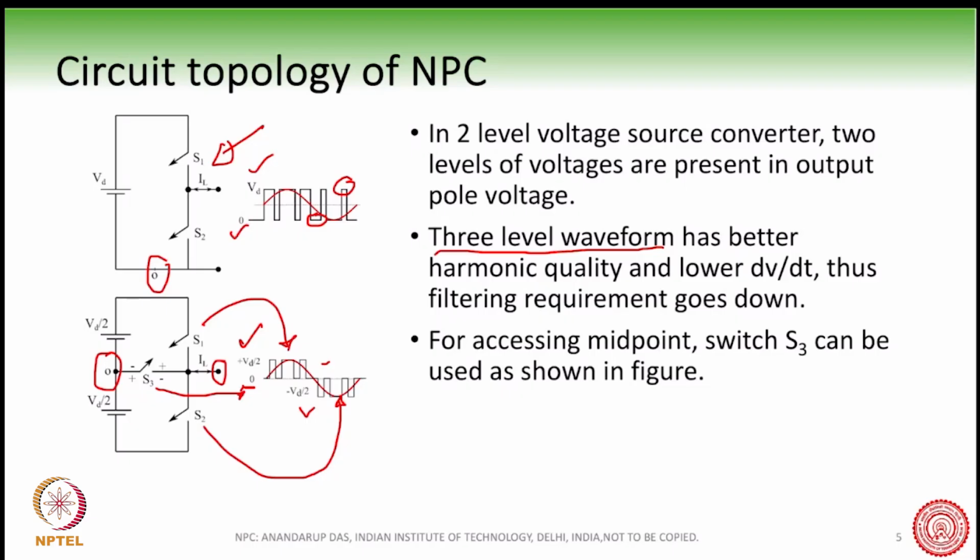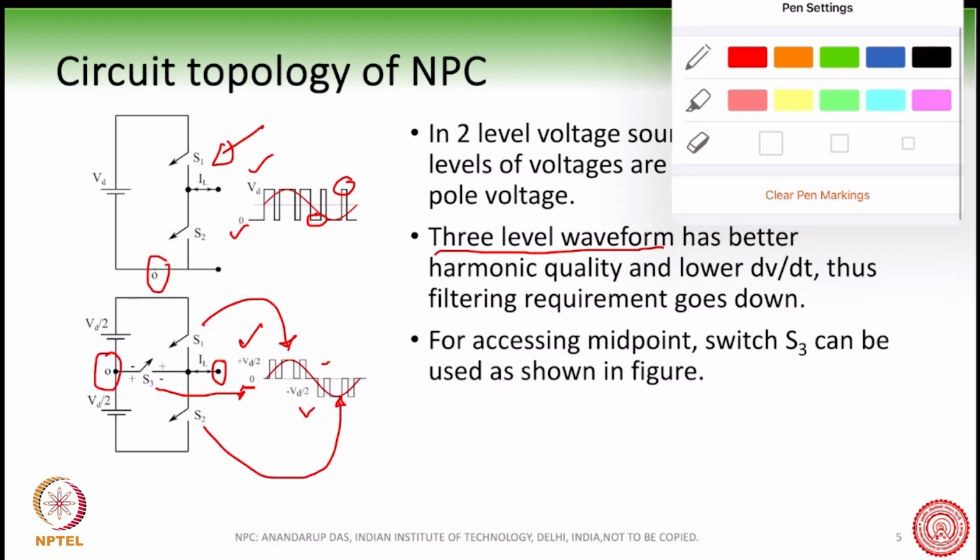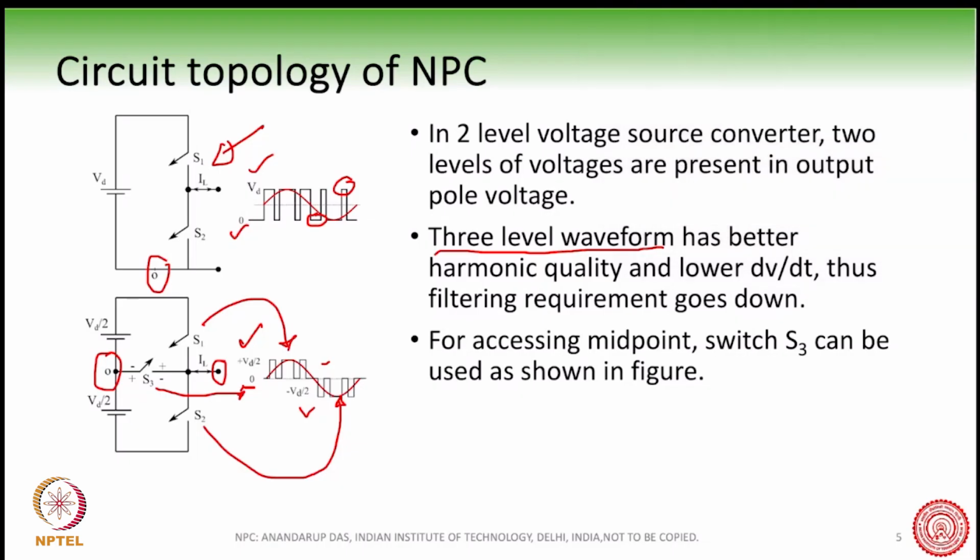Why do we need such a three level waveform? Because this waveform of three levels is closer to a sine wave as compared to the two level waveform. Suppose I take the instantaneous error between the actual waveform and the desired waveform.